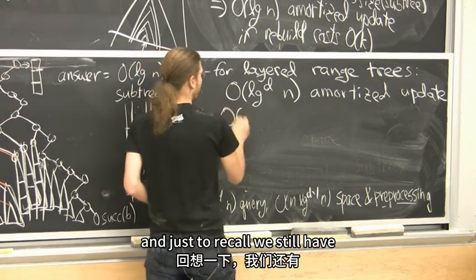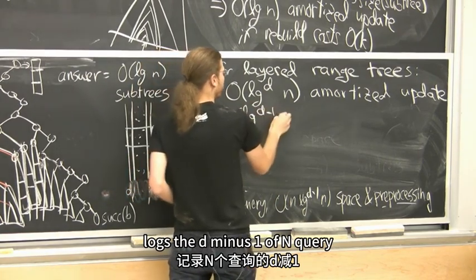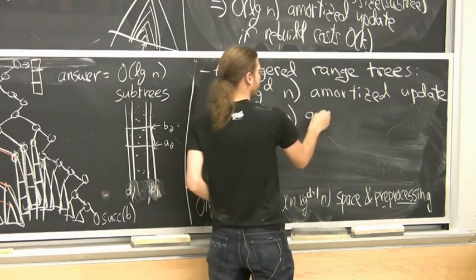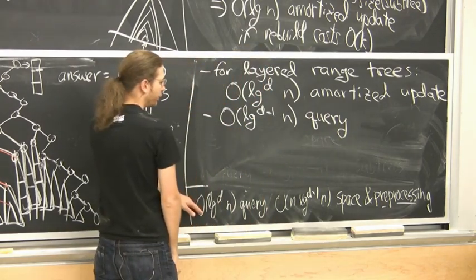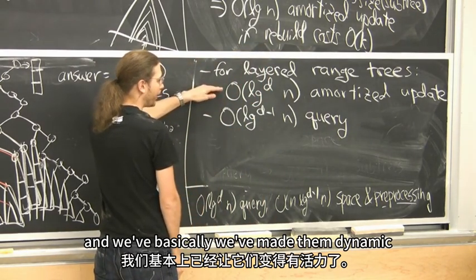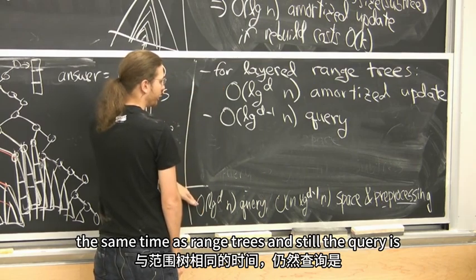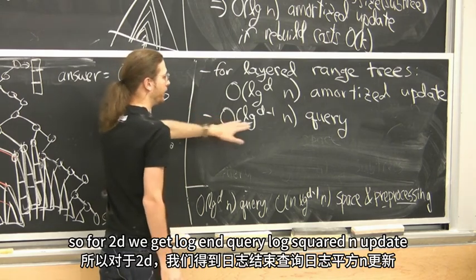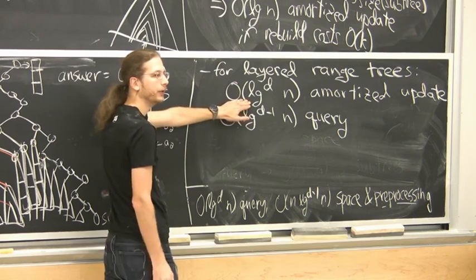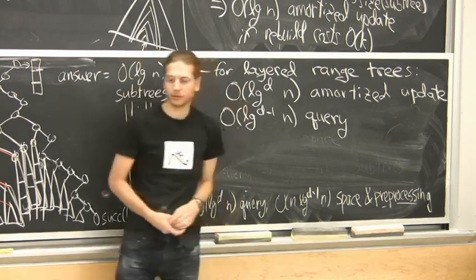And just to recall, we still have log to the d minus 1 of n query. So this was regular range trees, and we've made them dynamic in the same time as range trees, and still the query is a log factor faster. So for 2D, we get log n query, log squared n update, insertion and deletion of points.